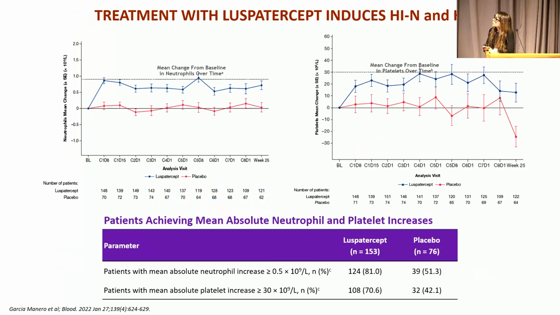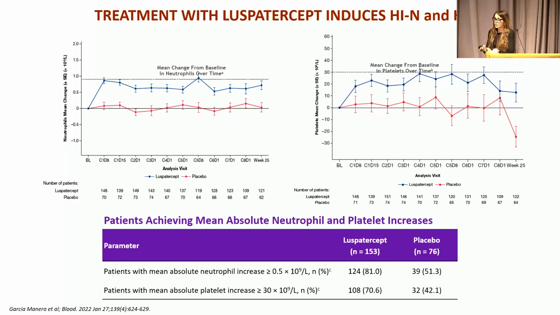So, to better evaluate the efficacy of the treatment with luspatercept, as a secondary endpoint, the improvement in neutrophil and platelet count was evaluated. And some patients obtained a mild increase in both platelet and neutrophil count.